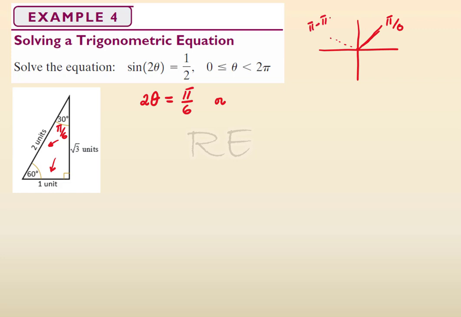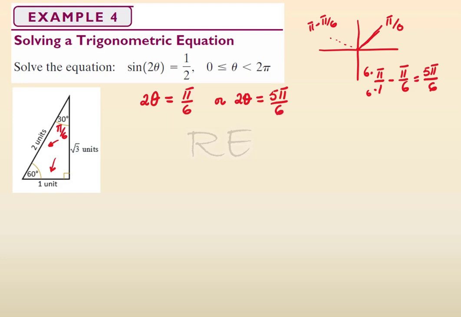And the second angle to be positive and have the same ratio as pi over 6 is pi minus pi over 6, which is 6 pi over 6 minus pi over 6, 5 pi over 6. Or 2 theta is equal to 5 pi over 6.